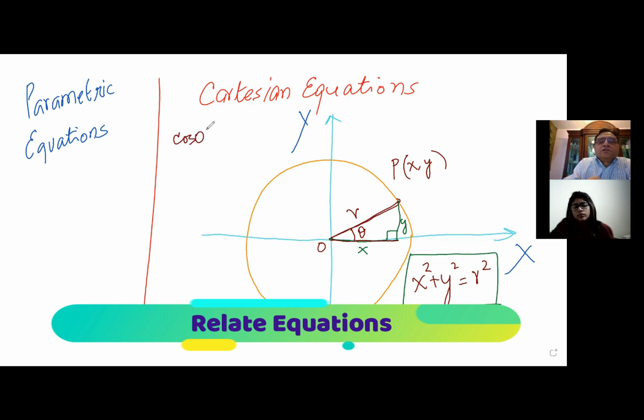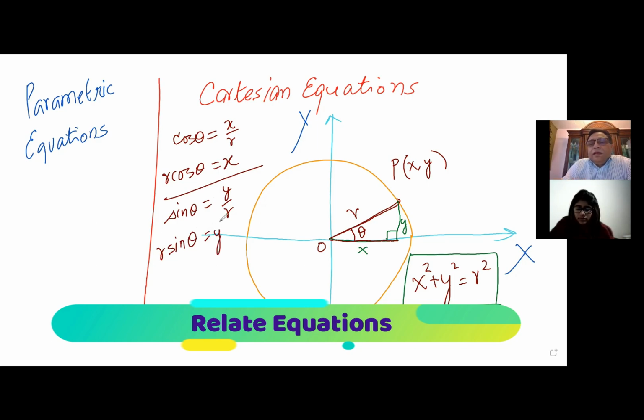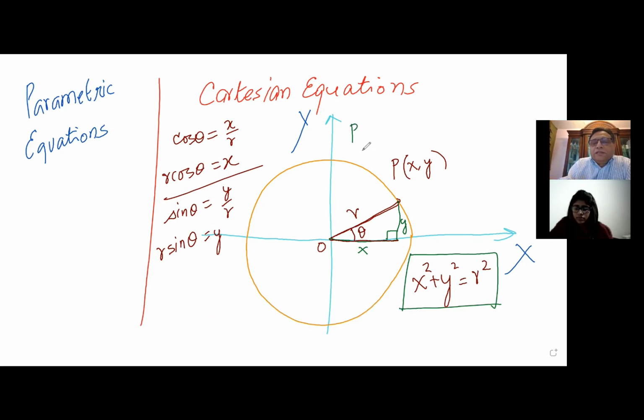So you said cos theta is x over r, and therefore you could write r cos theta equals x. Similarly, sine theta is equal to y over r, and that means r sine theta is equal to y. And at that stage, you changed this equation to this form, and you said the x and y values I have are r cos theta and r sine theta. You see that?